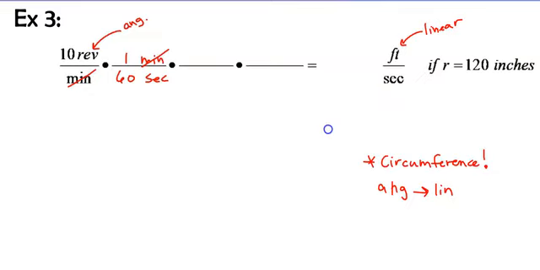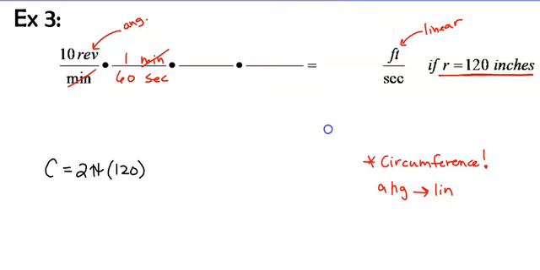Okay, so what we should do is look here. So our radius, they're telling us the radius of this thing, I don't know what it is, a wheel, more than likely. The radius is 120 inches. So we want to figure out the circumference of it. So circumference is 2 times pi times radius, which is 120.